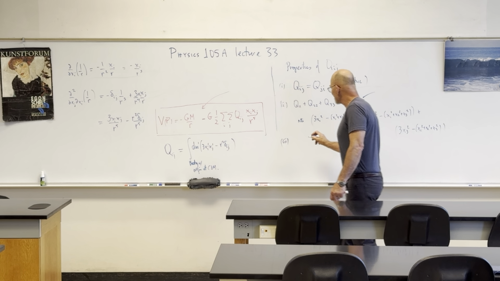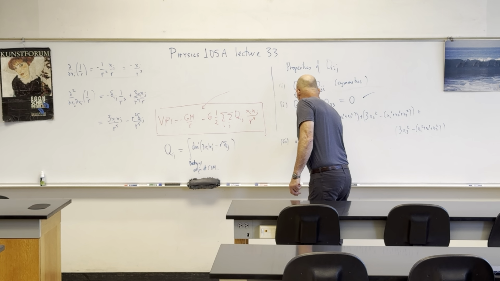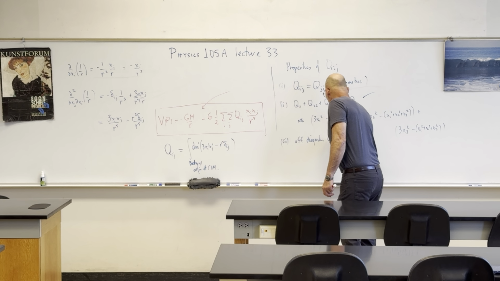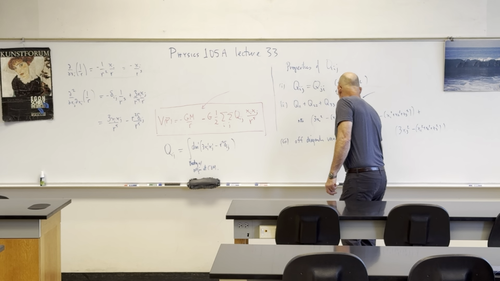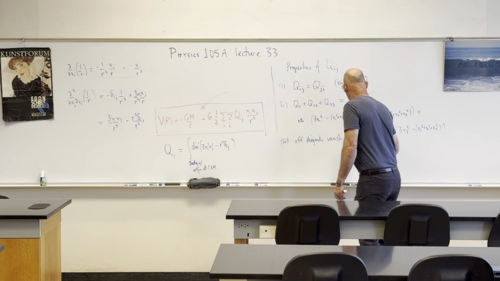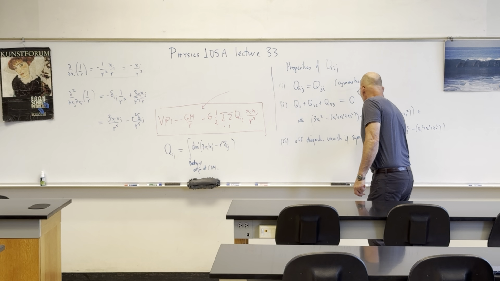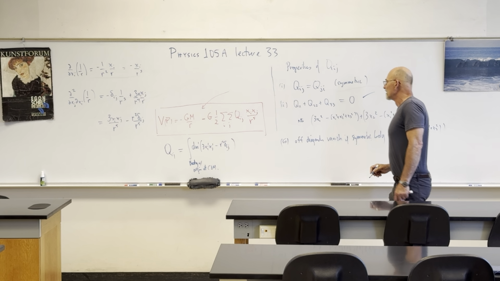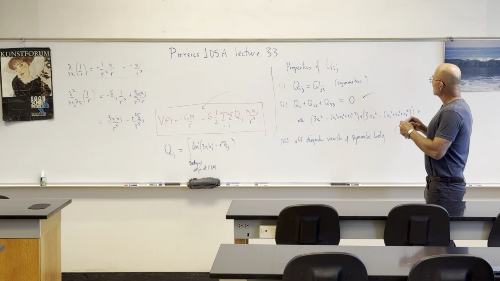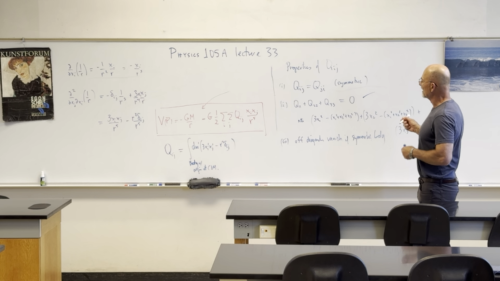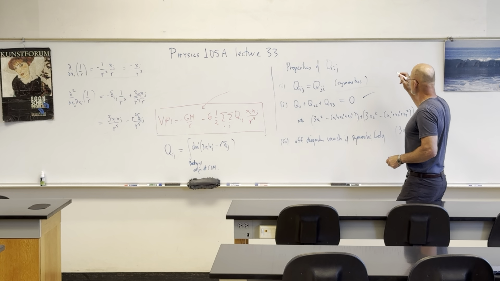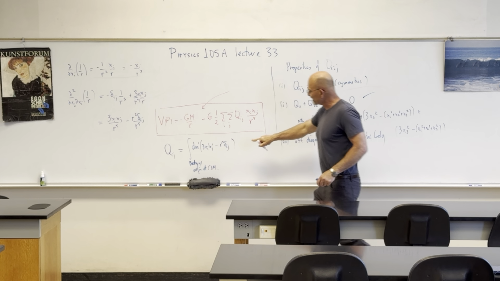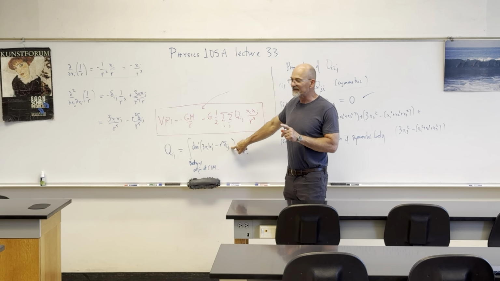So the off diagonal elements vanish if you have a symmetric body. And maybe a little picture would show that. See, the off diagonals, delta ij is 0.